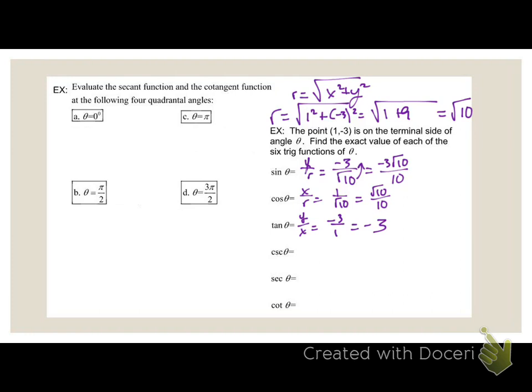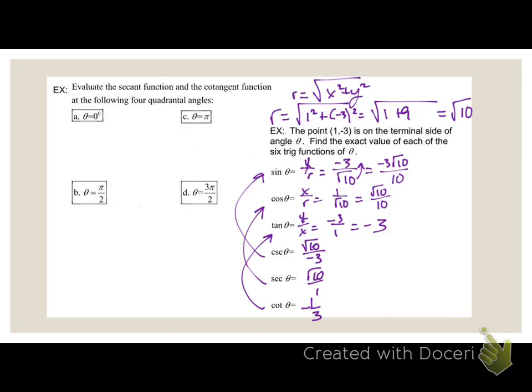Now to get the other 3, you're just flipping over the previous 3. Cosecant goes with sine, so just flip that over before you have rationalized. It would be easier, so you don't have to rationalize again. So you just get radical 10 over negative 3. Secant goes with cosine, so it's going to give you radical 10 over 1 when you flip cosine over. Cotangent goes with tangent, of course, so just flip that over and you get negative 1/3.